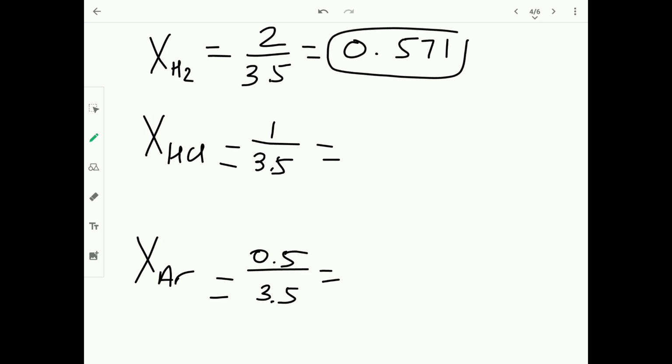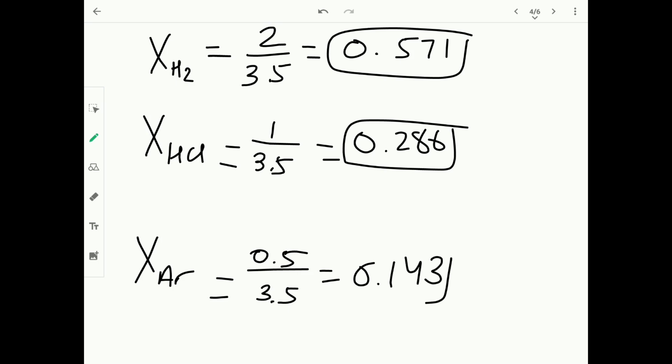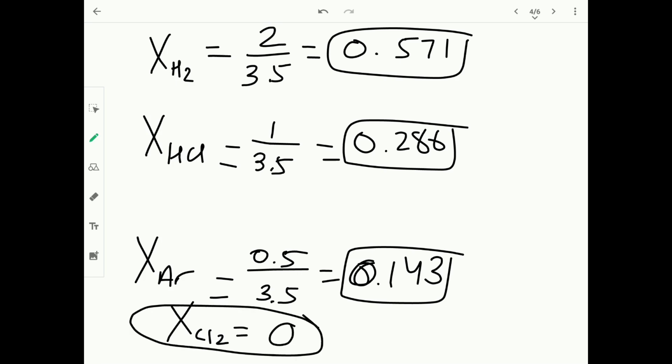For HCl, you should get 0.286. And for argon, you should get 0.143. And what's the last gas that is remaining? X of Cl2 is very obviously 0 because there are no moles of Cl2 left. And that's number 6 solved.